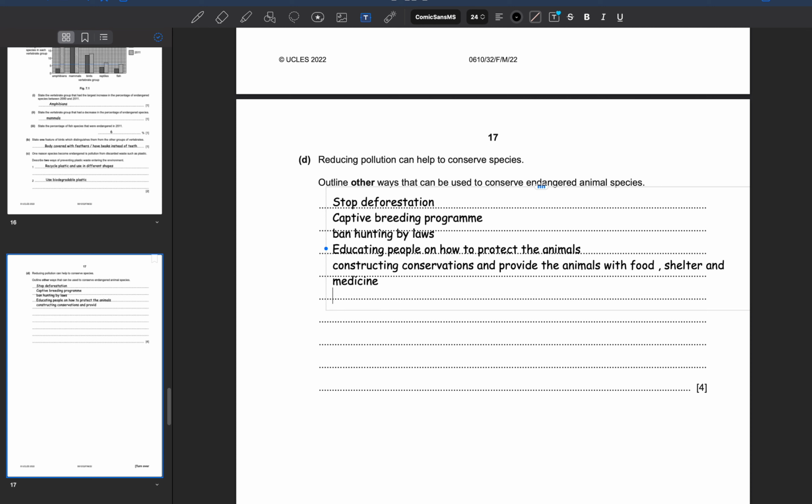What else? By constructing also zoos and parks. All of these are ways to help in conservation. Now, out of 4 marks: stop deforestation, this is 1 mark.